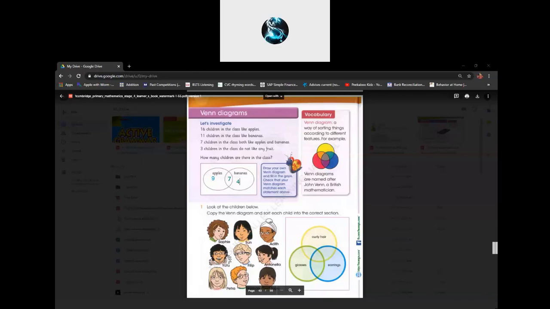Since 7 people like both apples and bananas, 7 people also like apples, and 7 people also like bananas. So they already added it to the apples, and they already added it to the bananas. So then you have to subtract to know how many actual people like only apples and only bananas. Everybody understand?